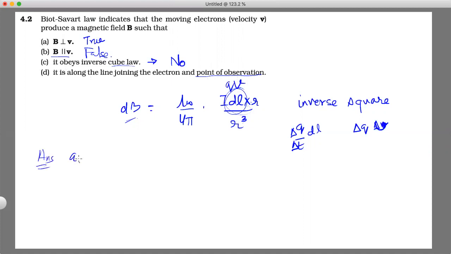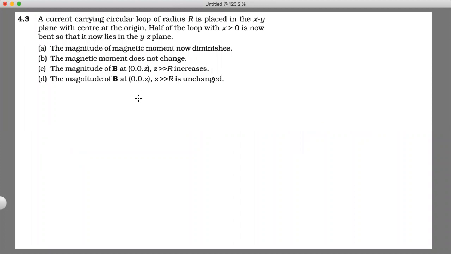Got it? Any doubts on this? No, sir. Okay. Now, a current carrying circular loop of radius r is placed in xy plane with center at the origin. Half of the loop with x greater than 0 is now bent so that it now lies in the yz plane.